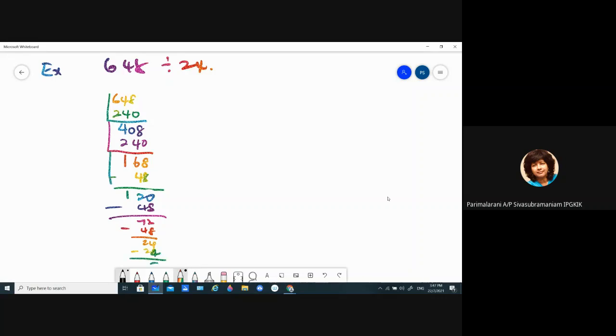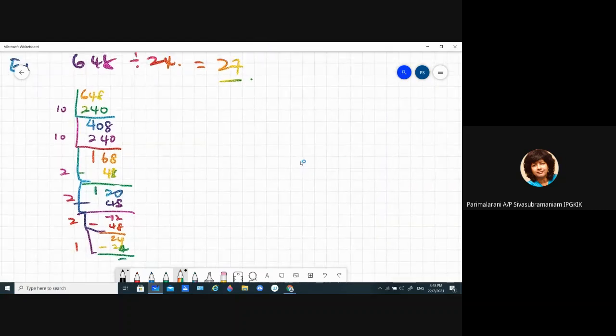Okay, so here we have minus 10, minus 10, here we minus 2, minus 2, minus 2, minus 1. So the answer is 10 plus 10 plus 2 plus 2 plus 2 plus 1, which is 27. So 648 divided by 24 is 27.